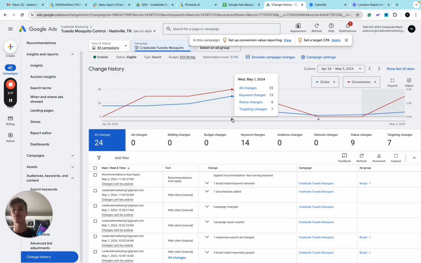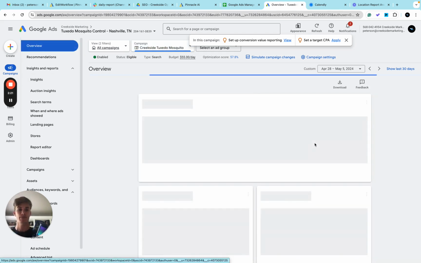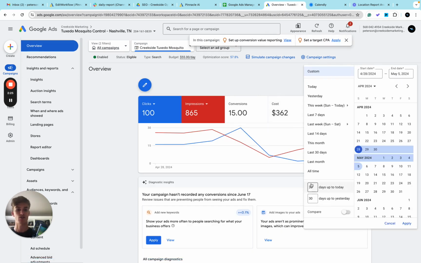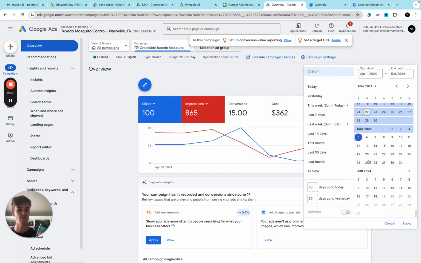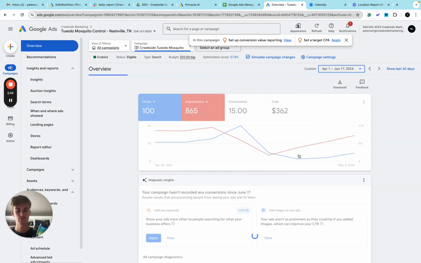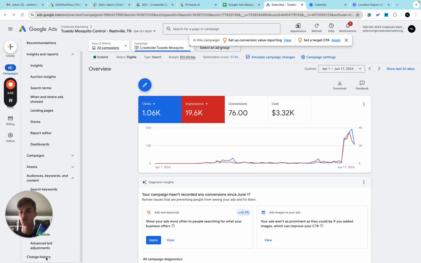So if, for example, we go back to our wide timeline, if our performance had not recovered like it did in the past couple days, we would note that as an issue.